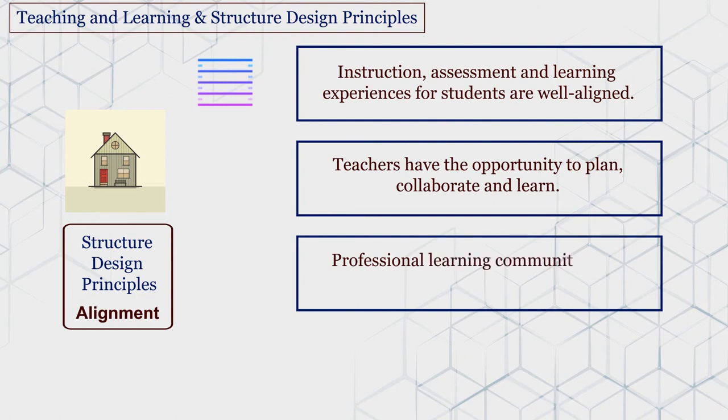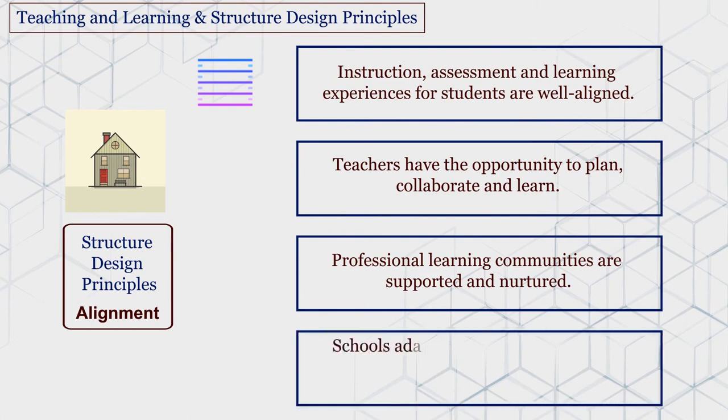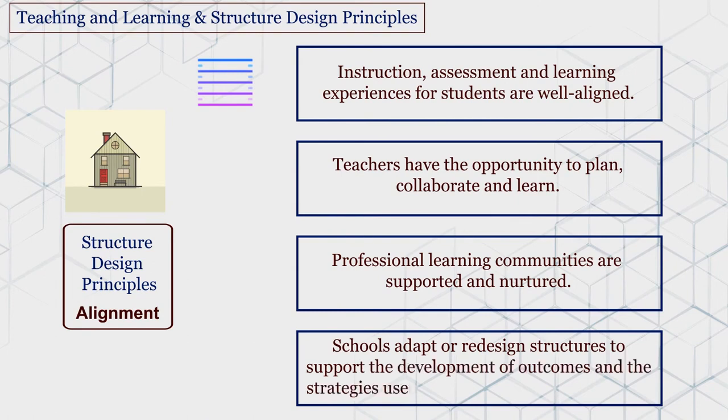Professional learning communities are supported and nurtured. School designs, learning experiences, and professional learning opportunities for educators are based on outcomes and informed by data on student learning. Further, schools adapt or redesign structures to support the development of outcomes and the strategies used to help students achieve them.